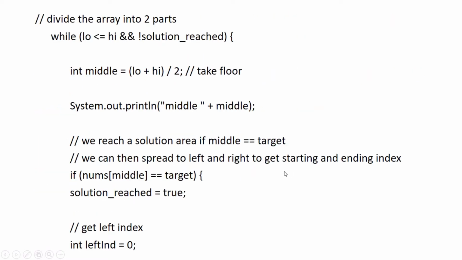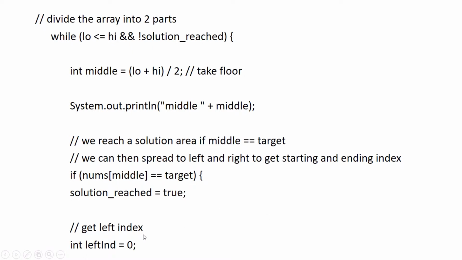That's the idea behind this. So we check the element at the middle. If it's equal to our target, then we can spread to left and right to get our starting and ending index. So that's why we put solution reached here to be true.